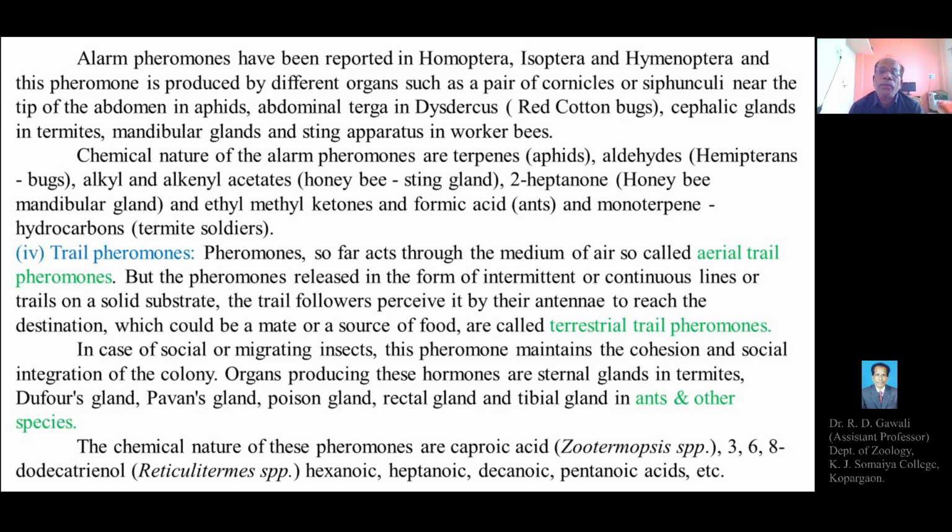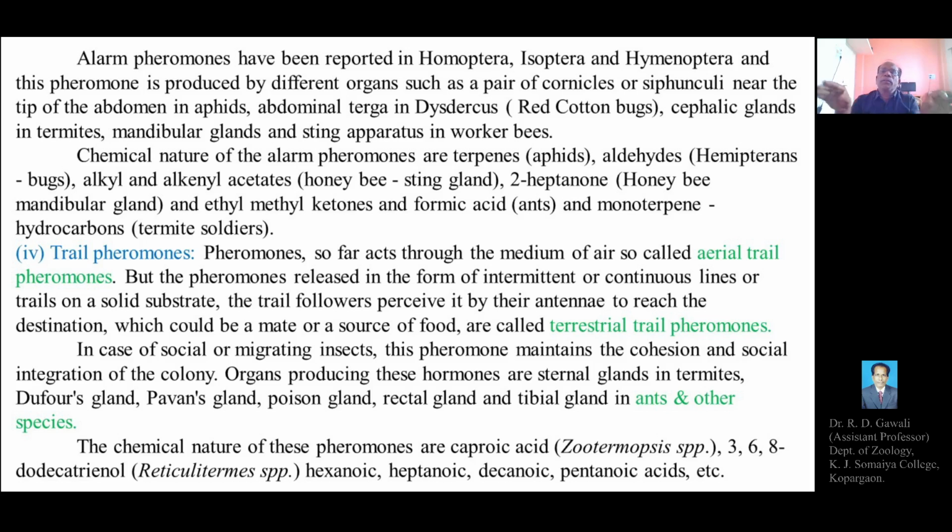Organs producing these pheromones are sternal glands in termites, Dufour's gland, Pawan's gland, poison gland, rectal gland, and tibial glands in ants and other species.